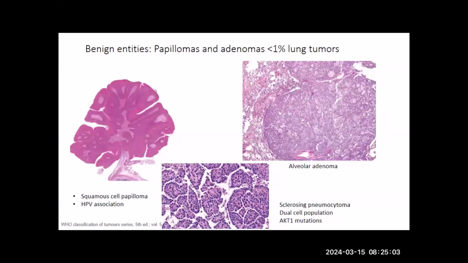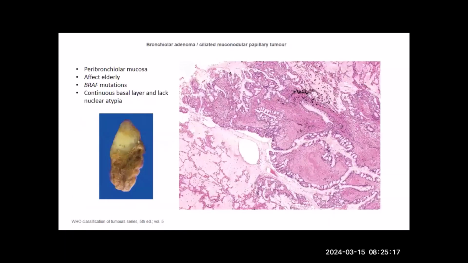These entities are usually seen in very early stage resections, so we don't get to see the entirely resected tumors here, but sometimes in biopsy specimens we do encounter these. This is a bronchiolar adenoma, or ciliated muconodular papillary tumor. This is a newly described entity and usually affects the peribronchiolar mucosa. Similar to the previous entities, this can also be confused with an invasive adenocarcinoma in a small biopsy.